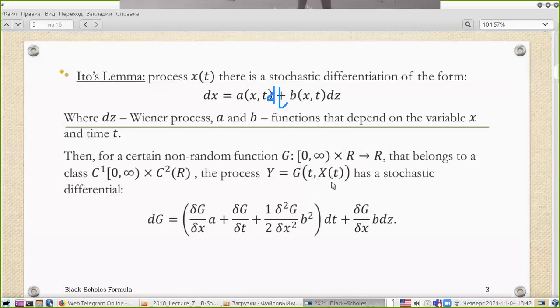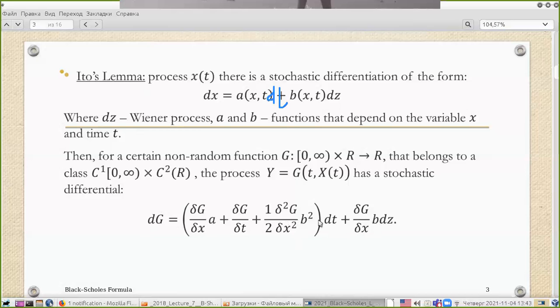It is like the chain rule, when you want to find the differential of a compound function. How can we find dg? The answer to this question is given by Ito's lemma. dg equals some function multiplied by dt plus some function multiplied by b dz.